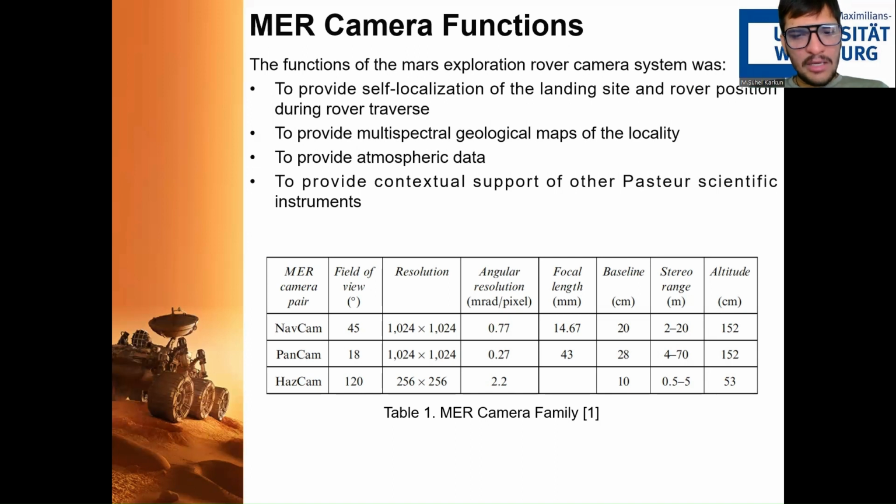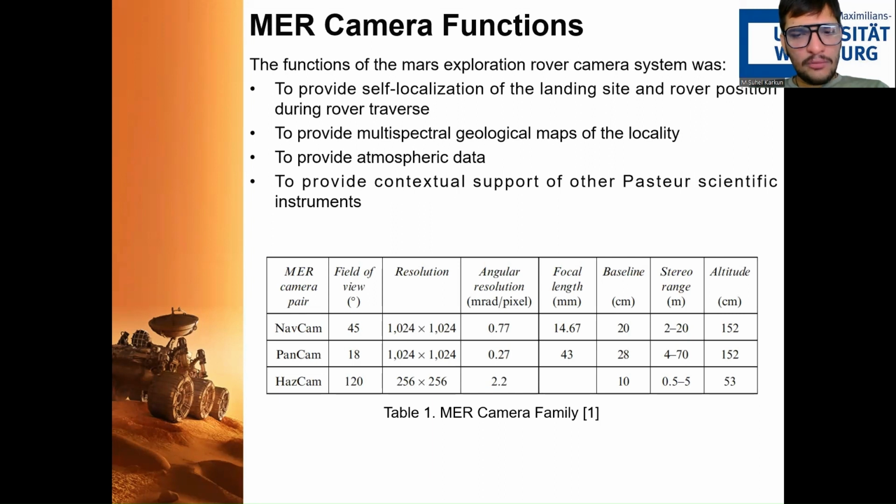Resolution of navigation camera and panoramic camera is 1024 by 1024 pixels, and for hazardous camera it is 256 by 256 pixels. And for angular resolutions we have 0.77 mRad per pixel for navigation camera, 0.27 mRad per pixel for panoramic cameras, and 2.2 for hazardous cameras.